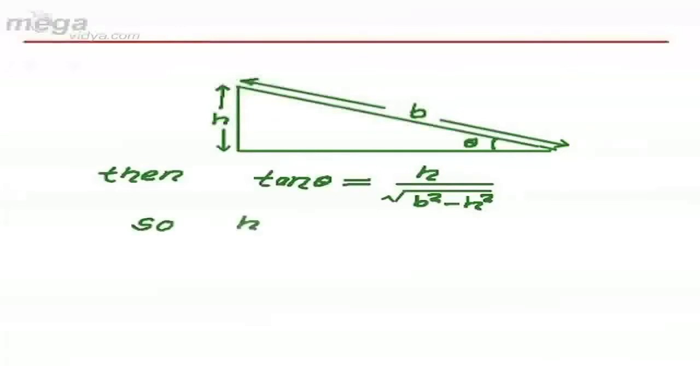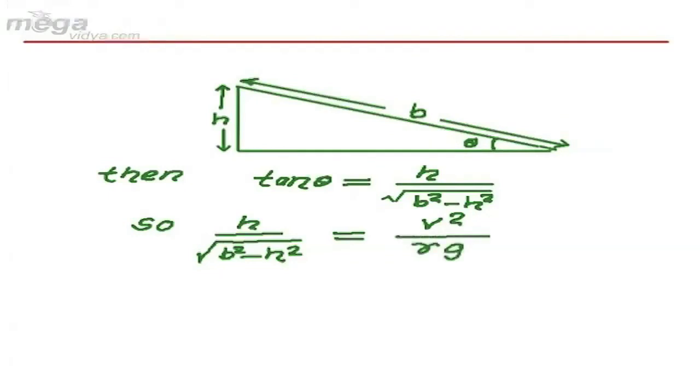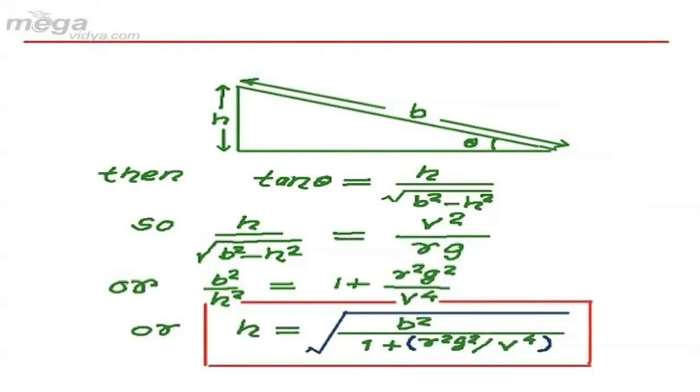So h upon the square root of b square minus h square becomes v square by rg. By using trigonometry, tan theta can be written as perpendicular upon base, and the base can be written here as the square root of b square minus h square.